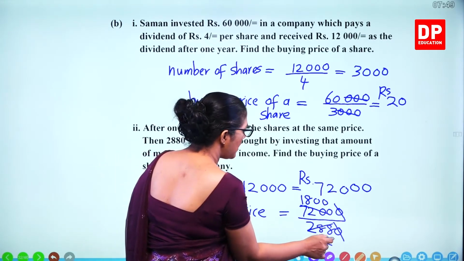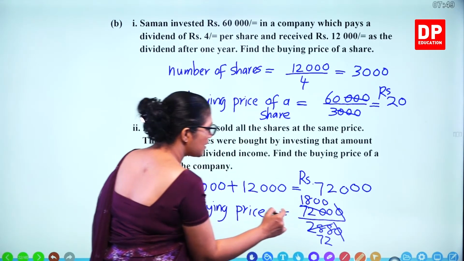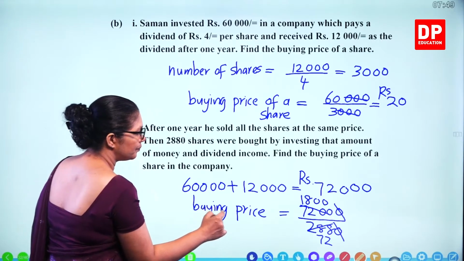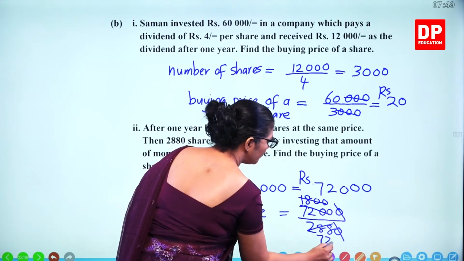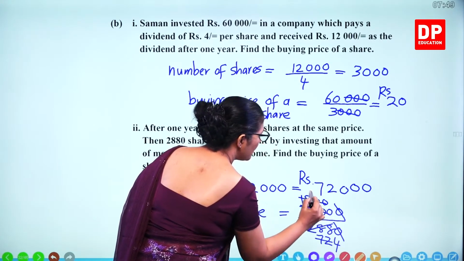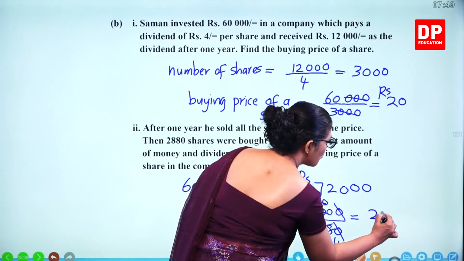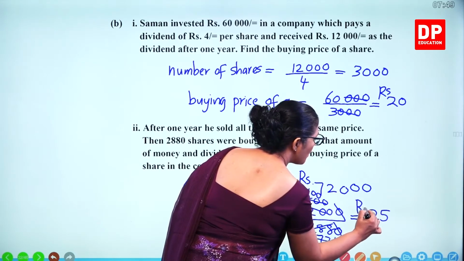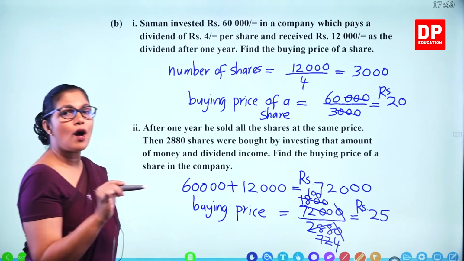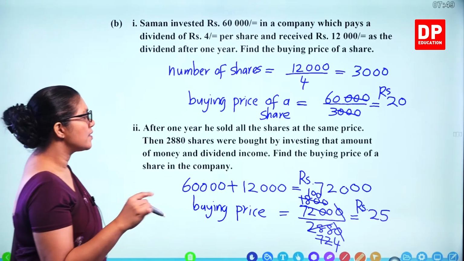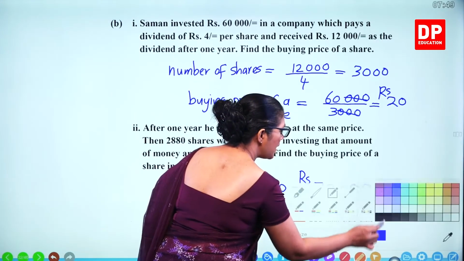So I can see 18 times 4. This is 100. 100 divided by 4, you get 25. So the buying price of a share is now 25 rupees for the second company.